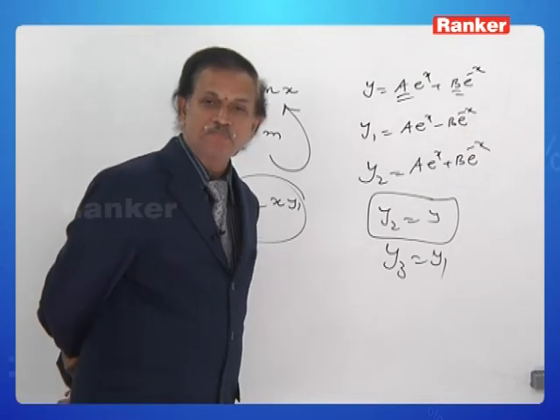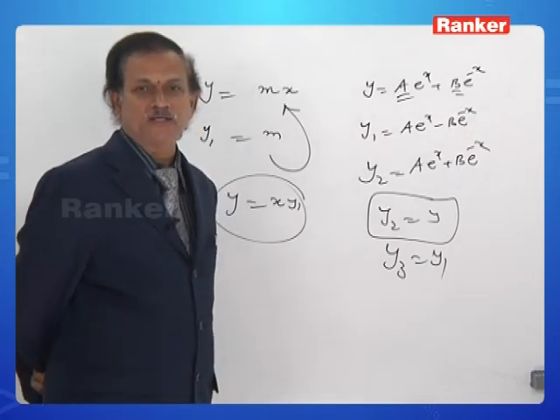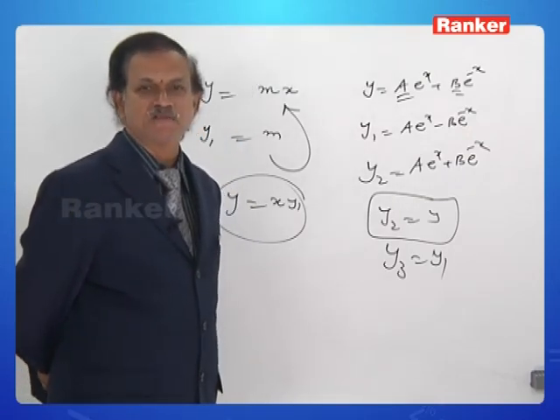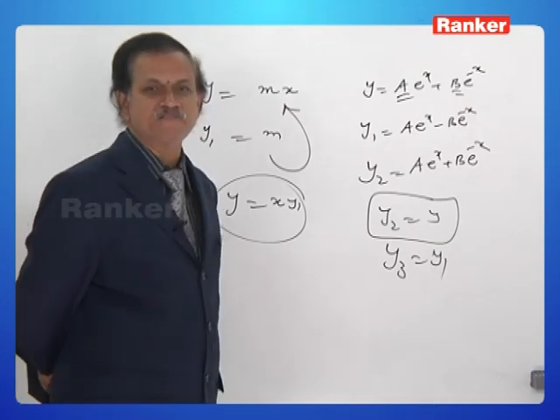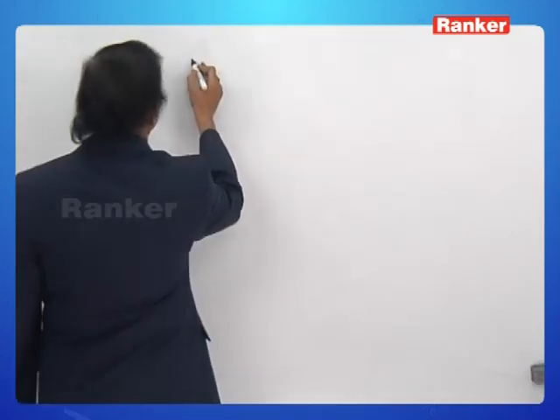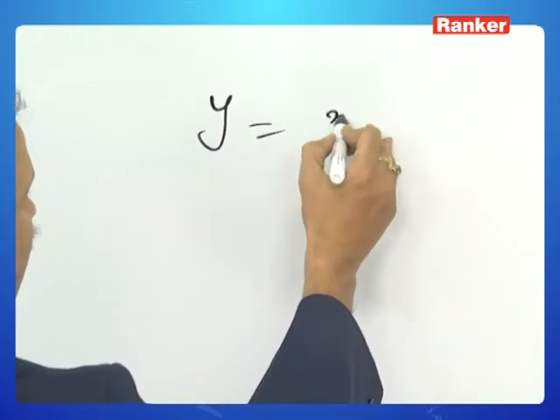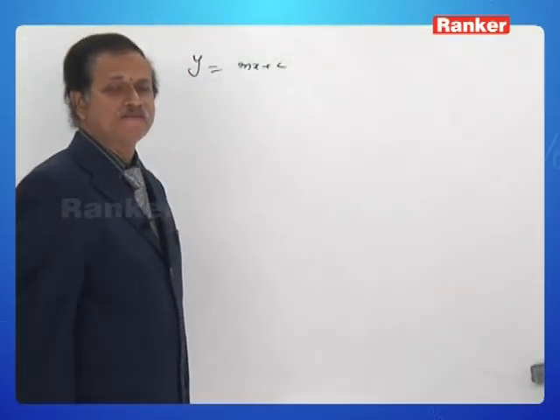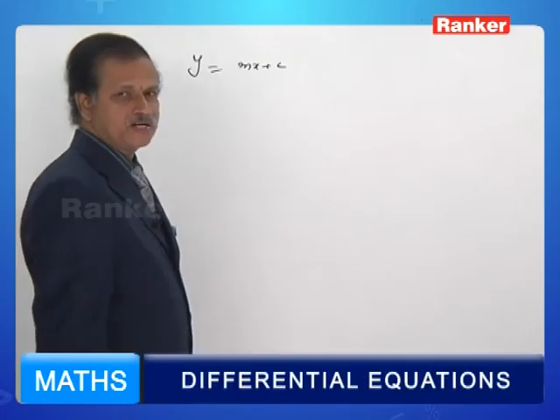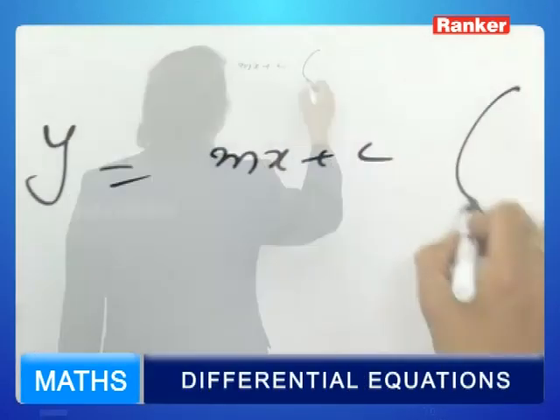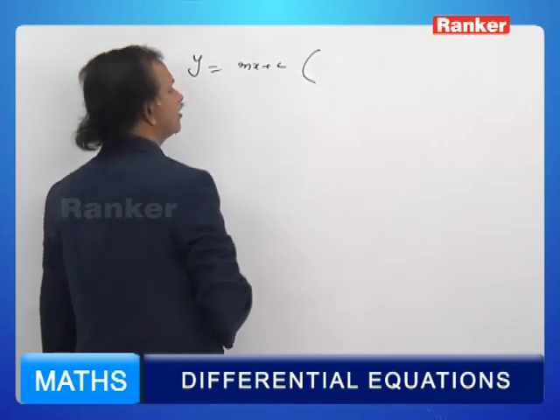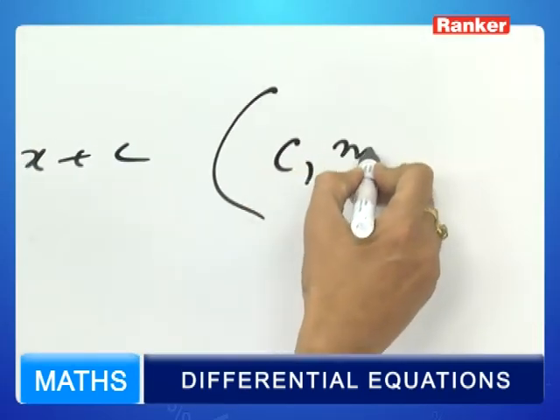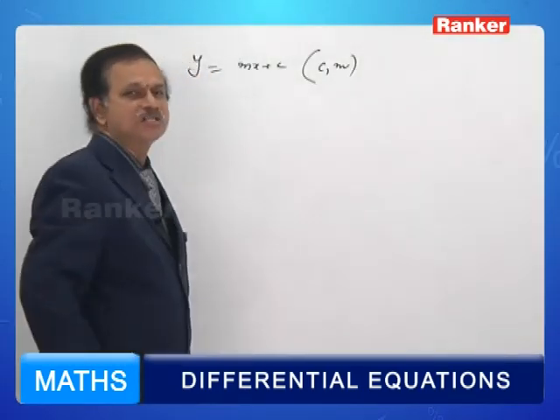Okay, friend. Now, we shall look at preparing the differential equations for different curves. y is equal to mx plus c. The question will be, what is the differential equation of the given equation y is equal to mx plus c, eliminating the constants c and m?